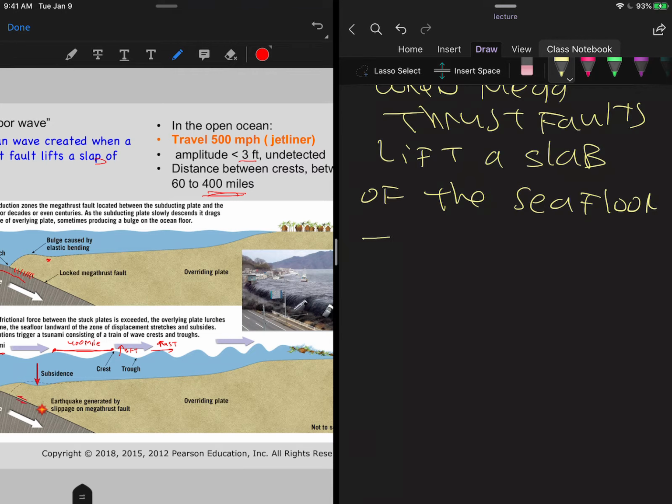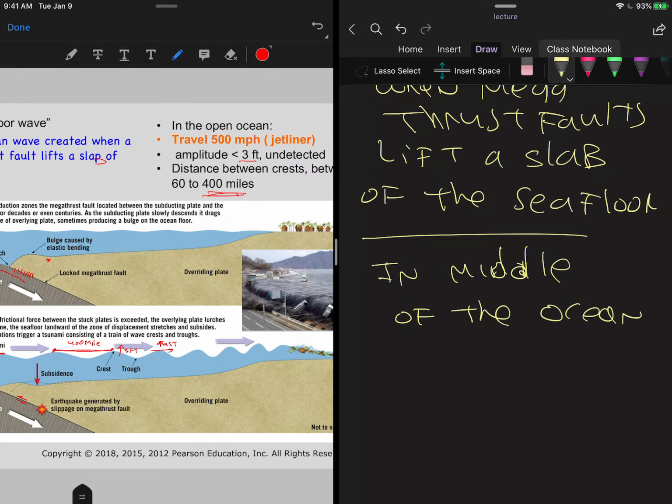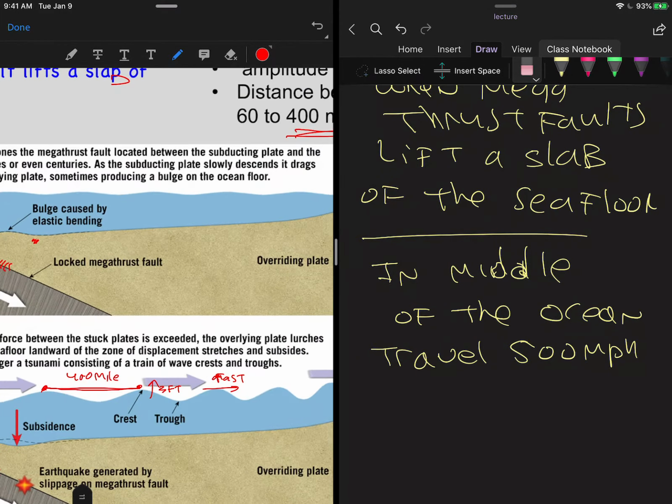In the middle of the ocean, they can travel 500 miles per hour, or as fast as an airplane. And all those things make tsunamis hard to detect in open ocean.